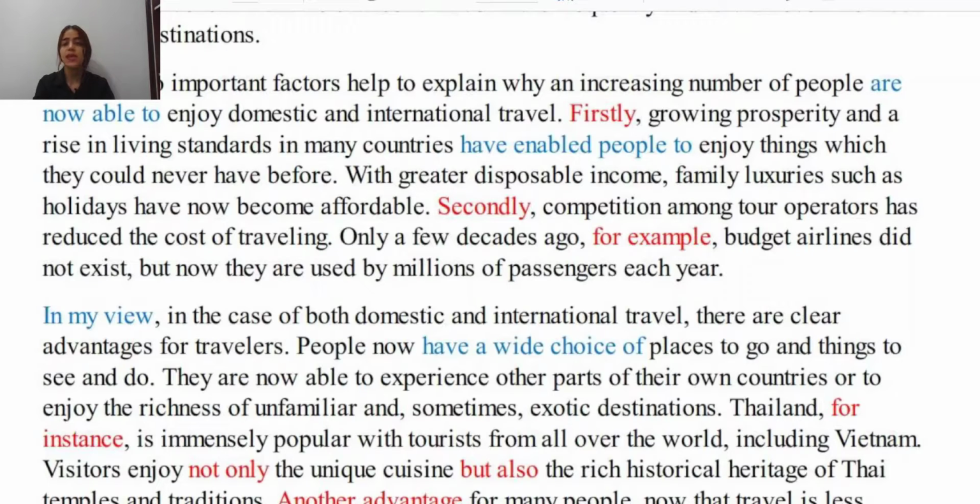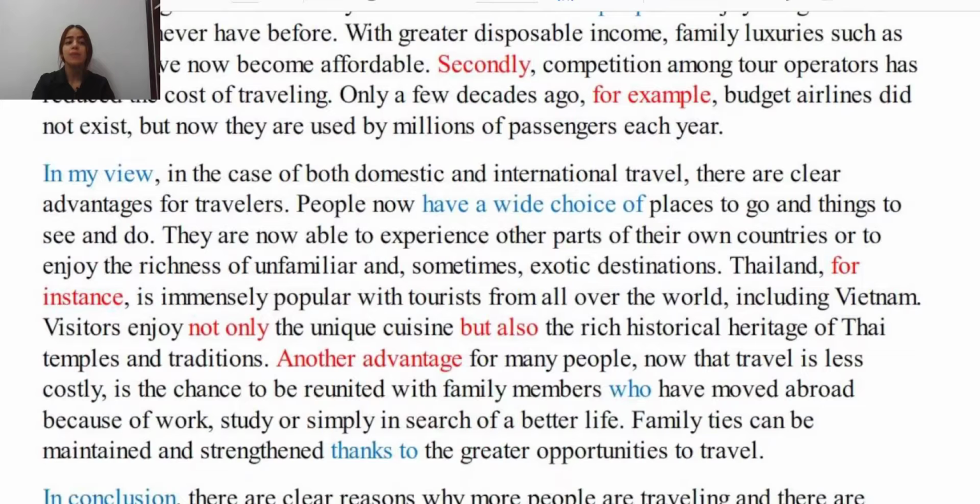Secondly, competition among tour operators has reduced the cost of traveling. Only a few decades ago, for example, budget airlines did not exist, but now they are used by millions of passengers each year. So as you can see, we are referring to two reasons for which people can go on holidays much more easily compared with the past.